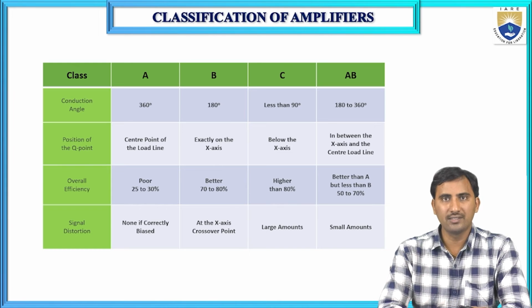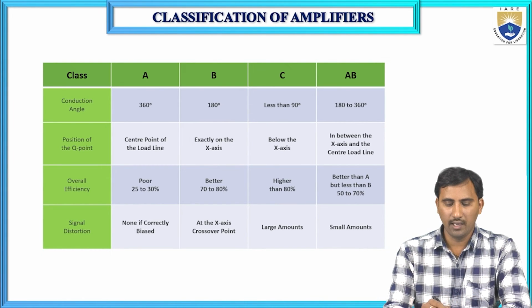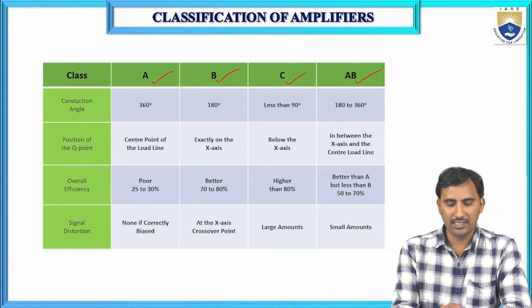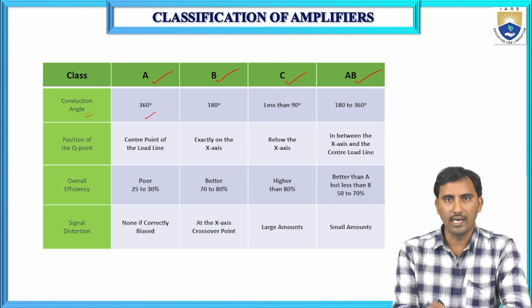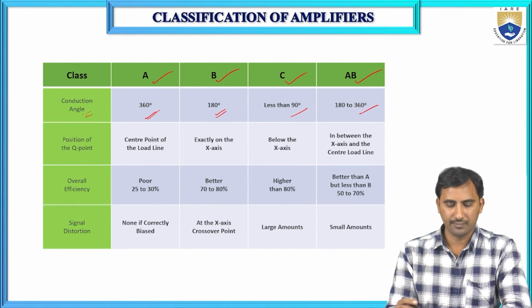And there is a comparison here. So we are comparing all the power amplifiers: class A, class B, class C, class AB. Conduction angle: for class A, 360 degrees, for class B, 180 degrees, and for class C, it is less than 180 degrees, and for class AB, it will be 180 to 360.